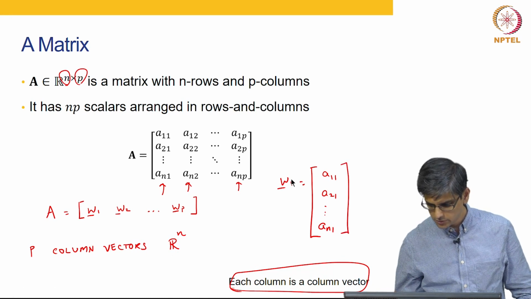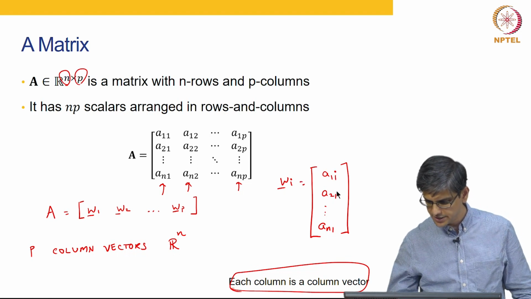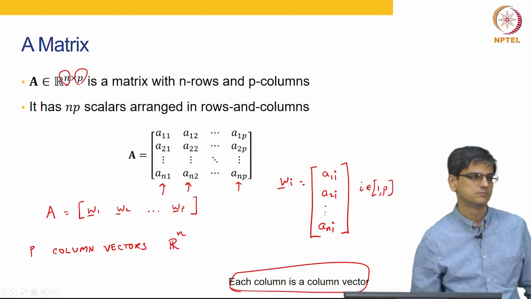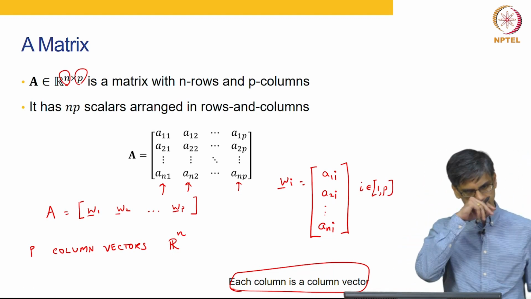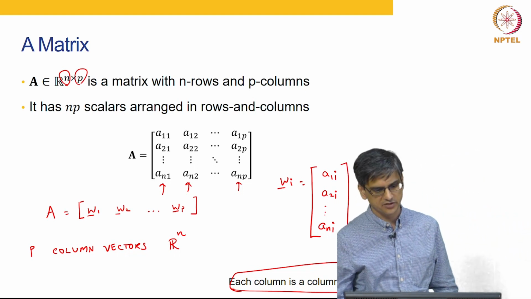Or we can write Wi is nothing but A1i, A2i up to ANi, i going from 1 to P. This is how we have represented. This is just a recap of stuff.